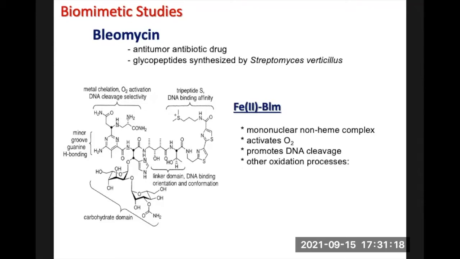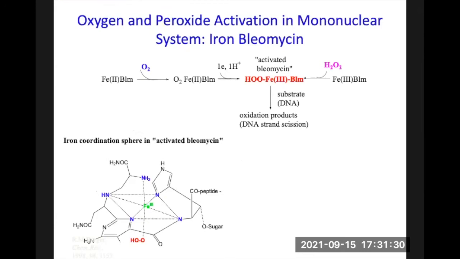It is also known to undergo other oxidation reactions, such as epoxidation, hydroxylation, and demethylation. Now, it is known that oxygen coordinates with the iron 2 bleomycin and is transformed into hydroperoxo-iron 3 bleomycin complex, which is responsible for the oxidation of various substrates.